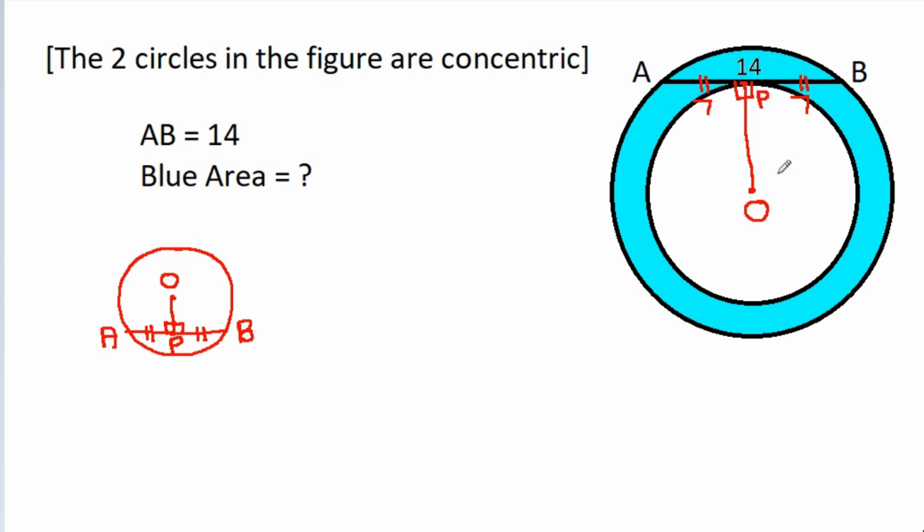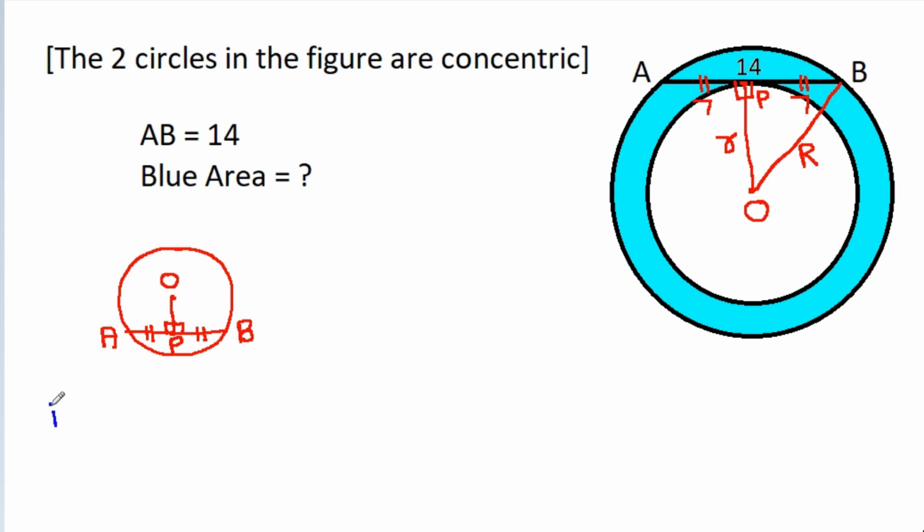And if we join OB, then OB is the radius of the bigger circle and OP is the radius of the smaller circle.